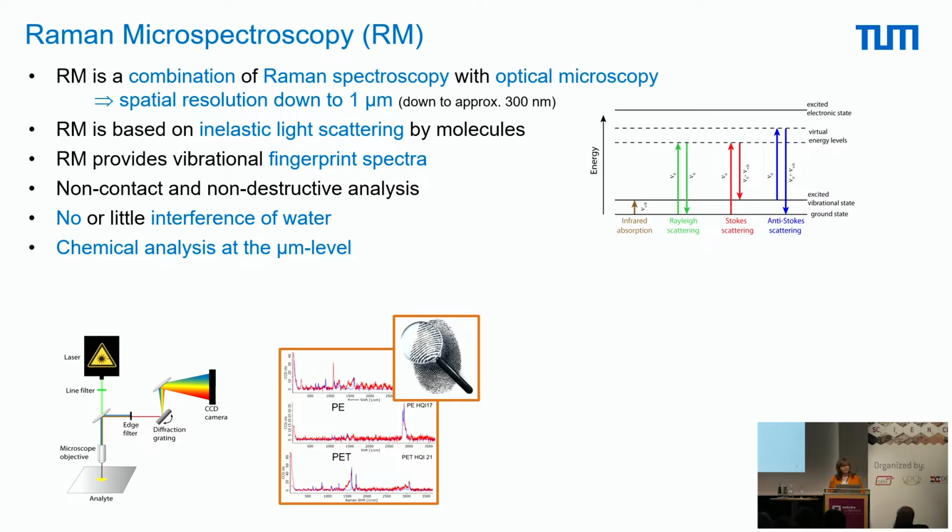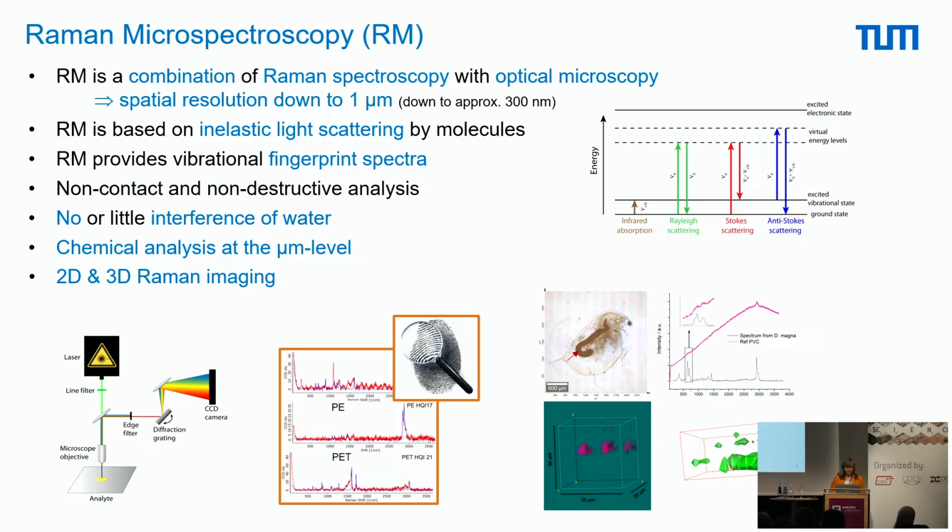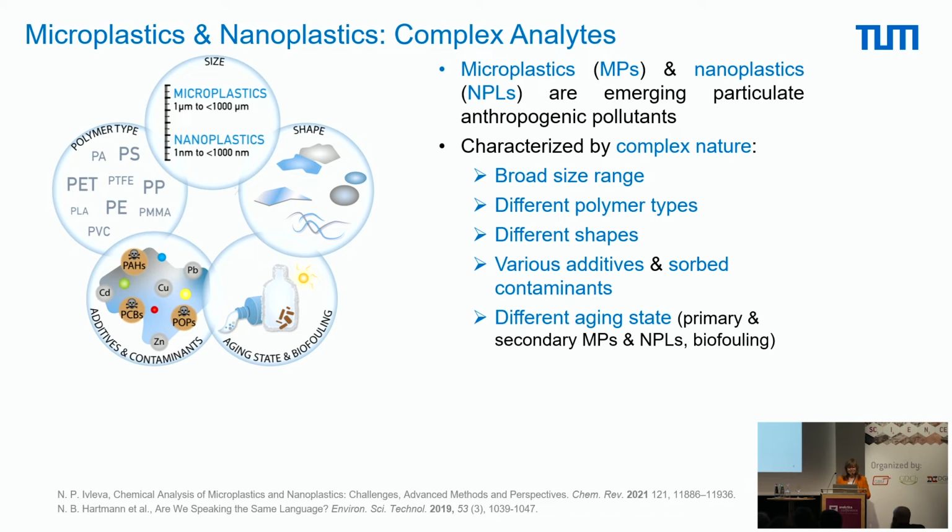We can perform analysis non-destructively and without interference of water. We can do 2D and 3D images. Of course, nobody is perfect. This method also has some disadvantages, such as the influence of fluorescence, but over many years we learned how to solve this problem. So, let us start with the analysis of microplastic and nanoplastic.